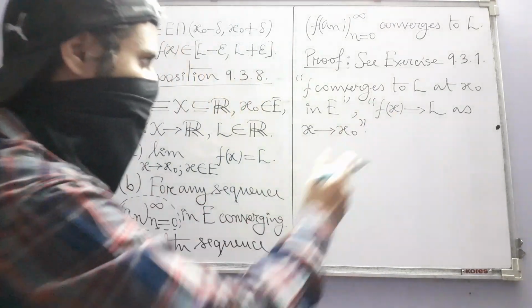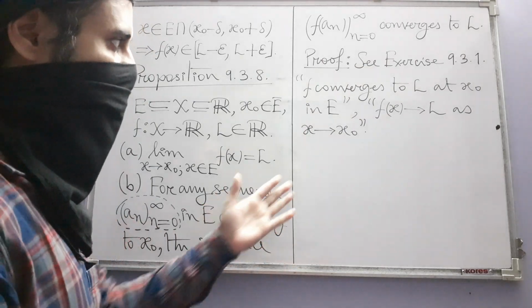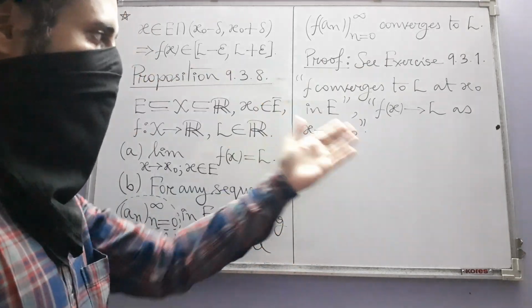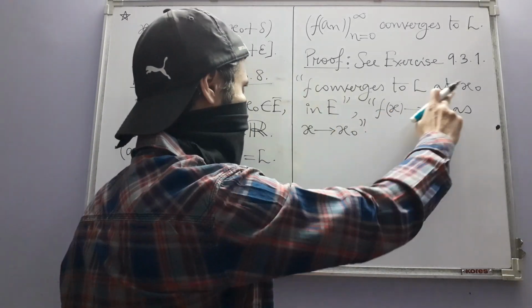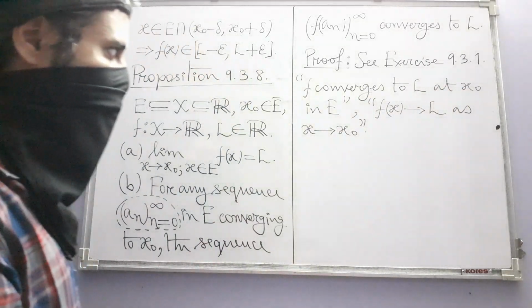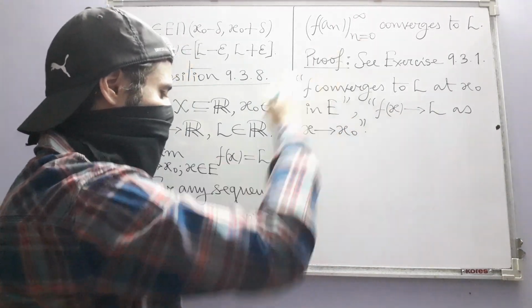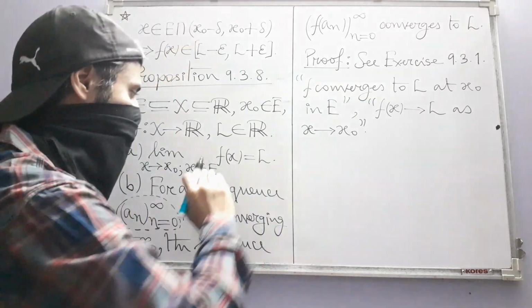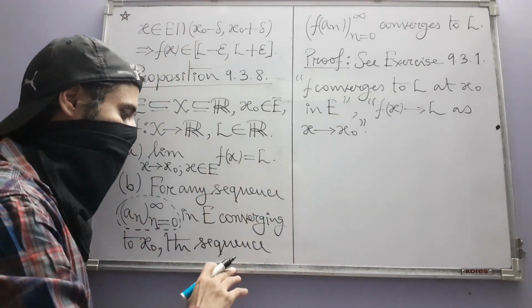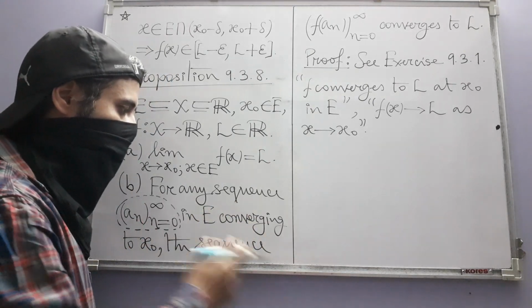We are more used to writing things like this, or expressing our limit in words, than this. This is unfamiliar. But now we know that because of this sequential formulation of limit, we have reformulated the notion of limits using sequences, and this is going to be very useful to us.